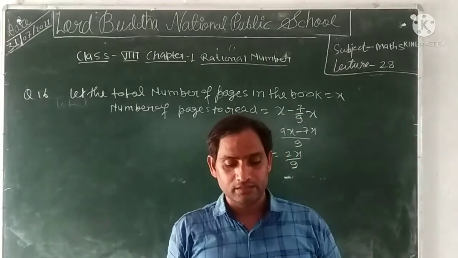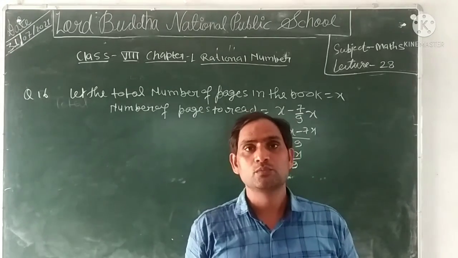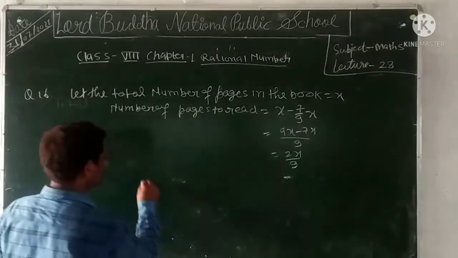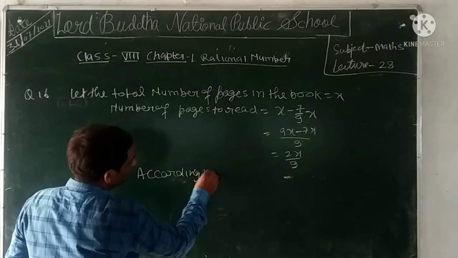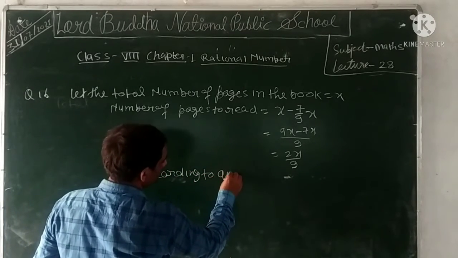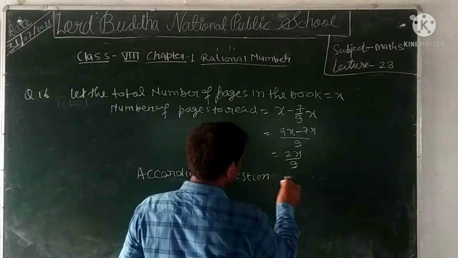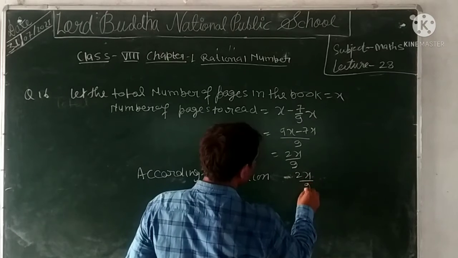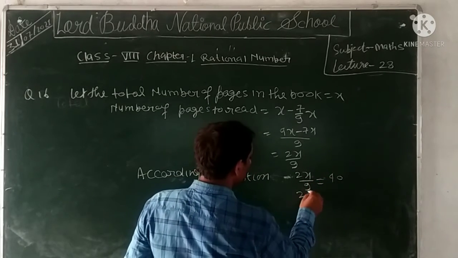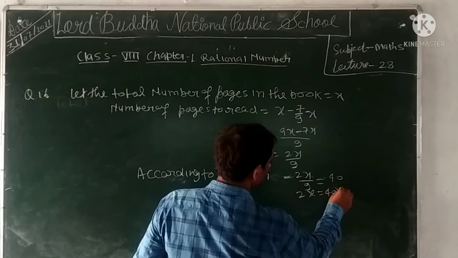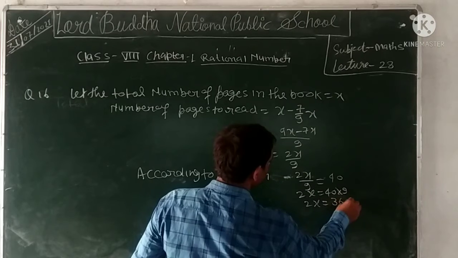and it is given that the number of pages left is 40. According to the question, 2x/9 means the number of pages left is 40. So 2x equal to 40 into 9. So 2x equal to 360.